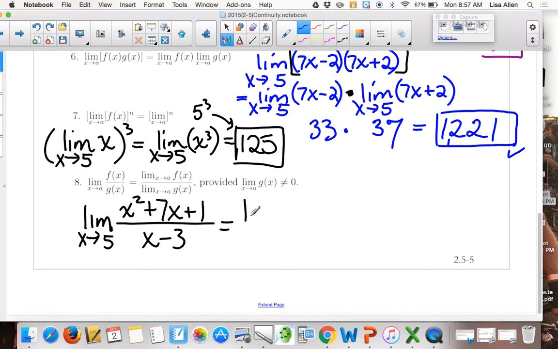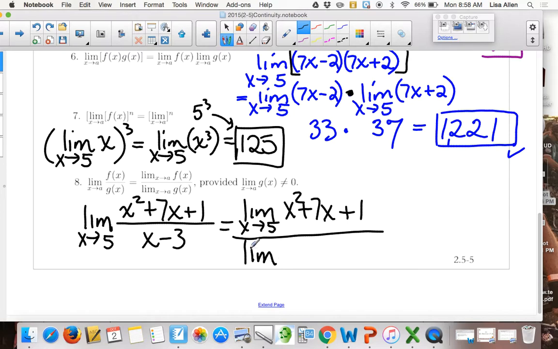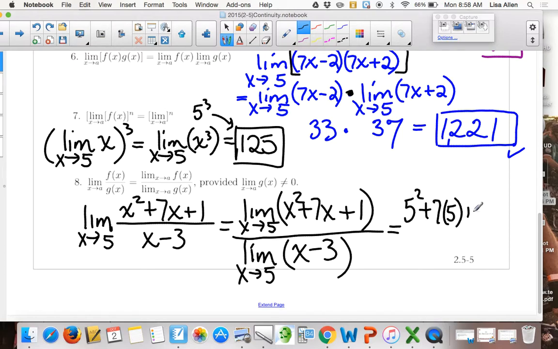Then that's equal to the limit as x approaches 5 of x squared plus 7x plus 1, all over the limit as x approaches 5 of x minus 3. It is not necessary to do this; we're showing you with simple functions how this works. So it would just be 5 squared plus 7 times 5 plus 1, over 5 minus 3 in the bottom. Our total result would be 61 over 2.